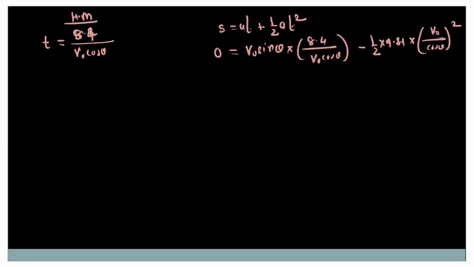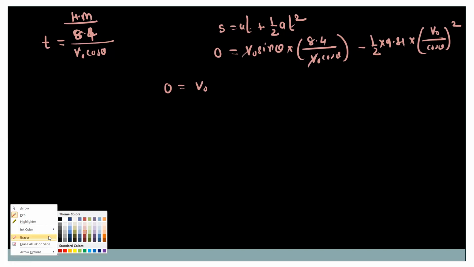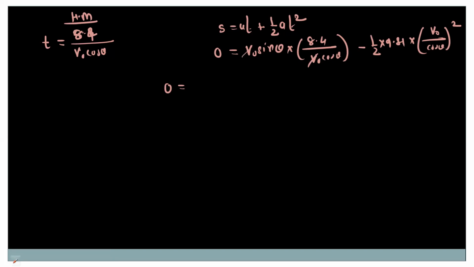So you will get, this is V naught. Okay, we can cancel out this V naught. So this is 8.4 into tan theta minus, so if you simplify this, 1 by 2, 9.81 into 8.4 square.